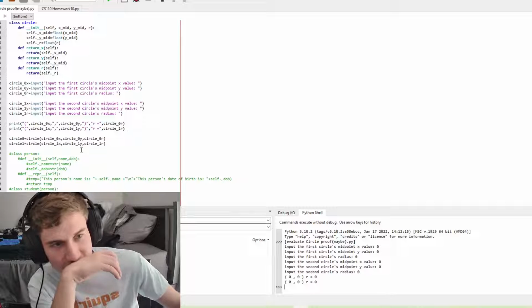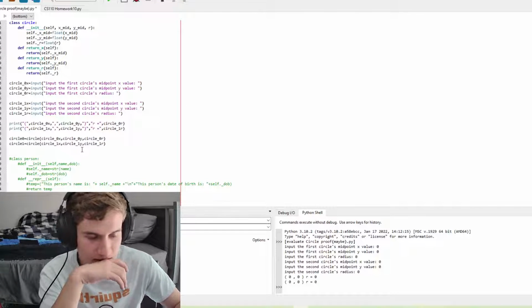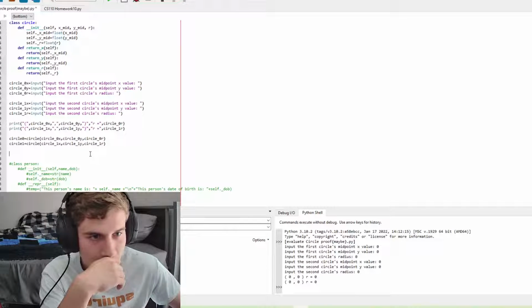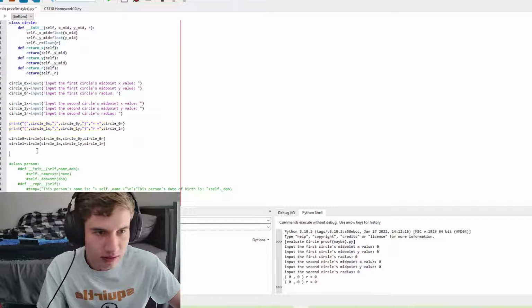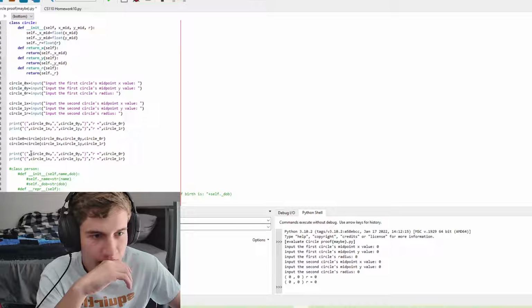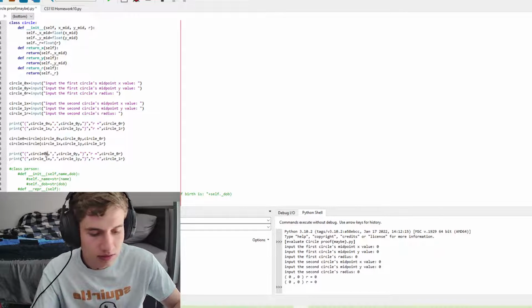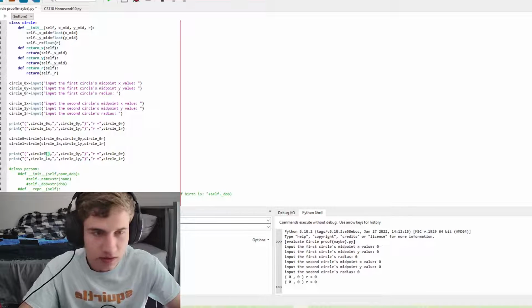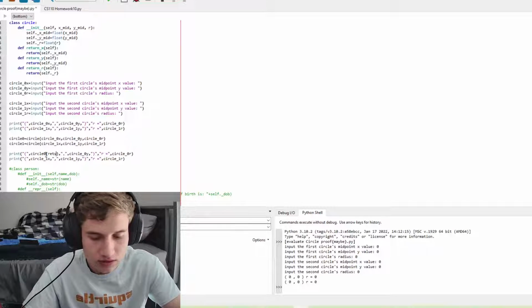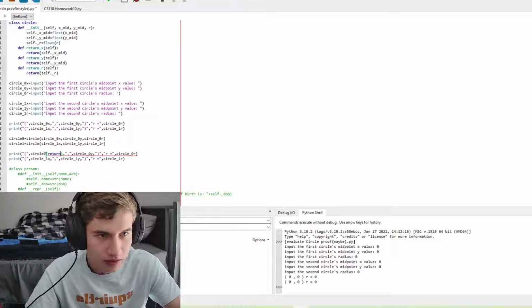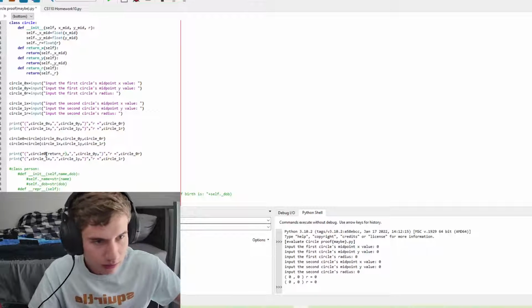Okay, it's running. Now can I just do, yeah, I'm not going to need to use this print anymore. Well, I still am. It's just going to be a bit weirder. So I think I do circle 0 parentheses return underscore r.